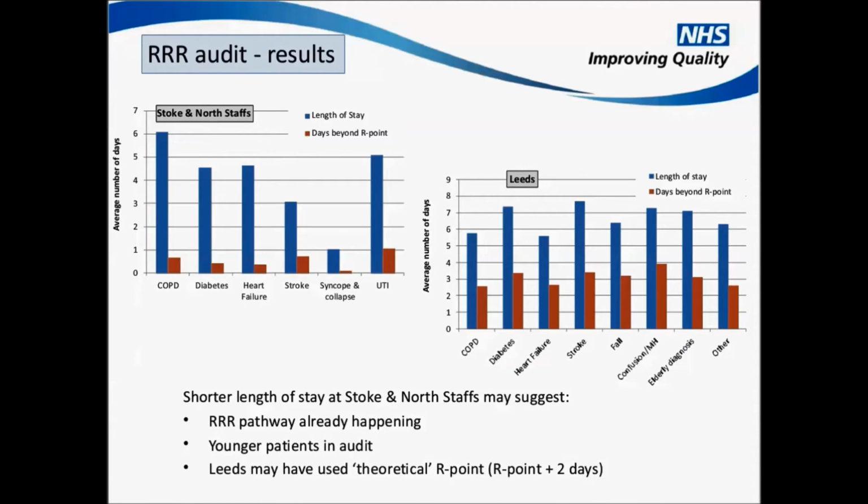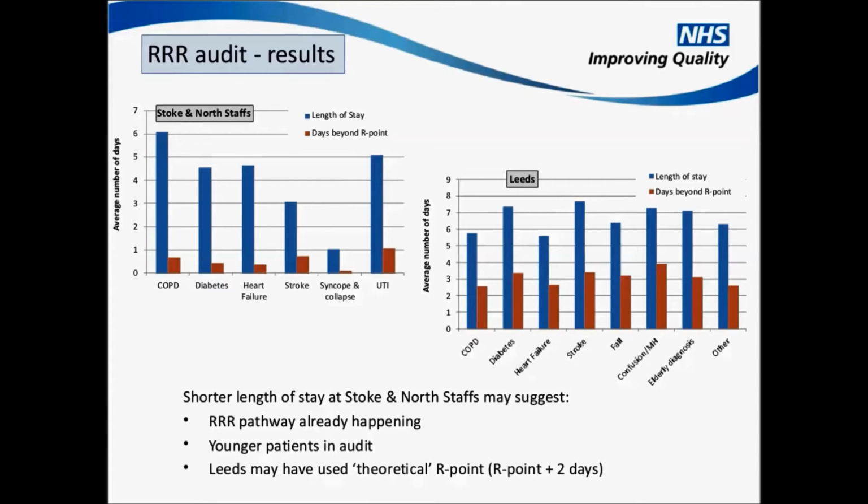So I'm diving in now to some of the results of the RRR audits that the early implementer teams carried out, just to show some of the outcomes from this work. I've chosen in this slide to look at two of our early implementer teams. One is Stoke and North Staffordshire, and one is Leeds.